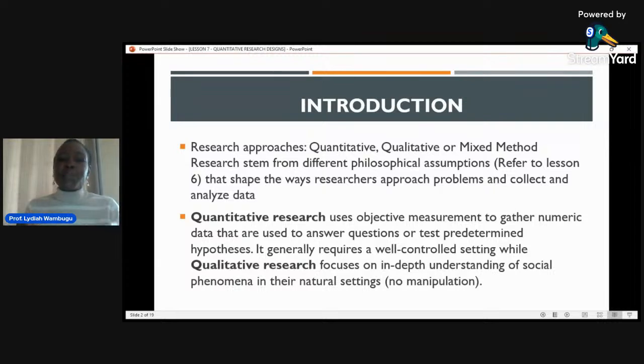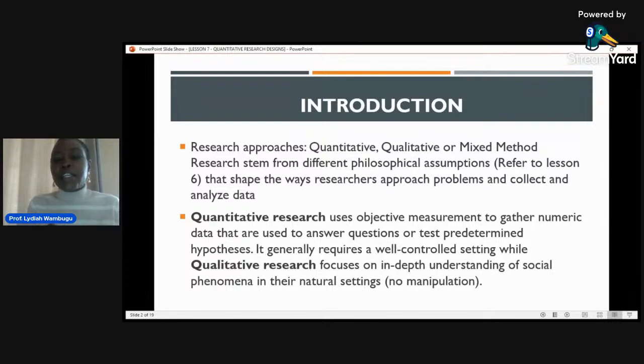These approaches shape the way researchers approach the research problem, the way they collect data, and the way they analyze it.